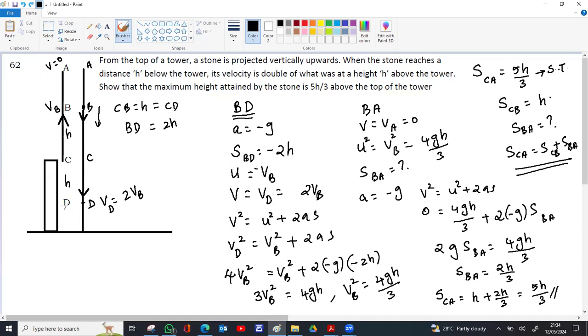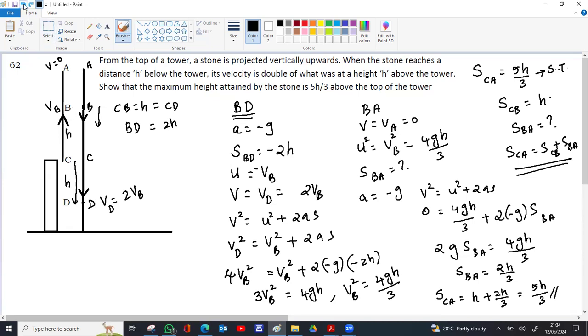D is another point between the ground and the height of the tower. As it falls down, the velocity increases. What they're telling is that when it reaches a height h below the tower, at that particular point the velocity is 2 times the velocity when it was at a height h above the tower. So that particular point may be confusing.